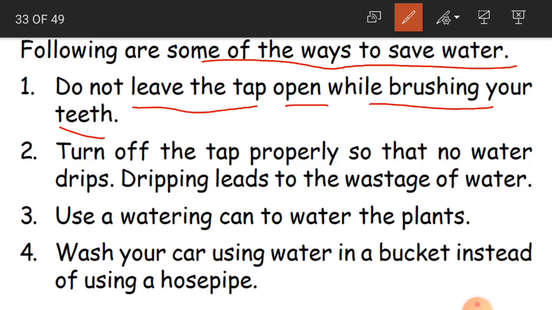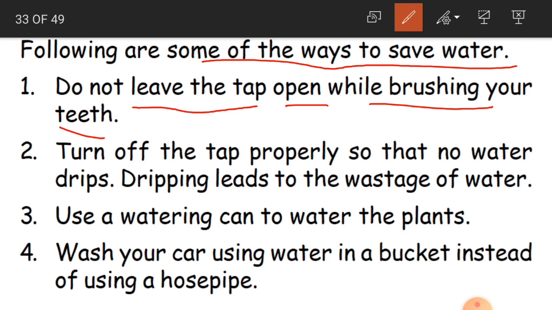Only when we gargle after brushing, then we need the water to clean our teeth and mouth. So please don't leave the tap open for the total time. Just open the tap when you require the water, in the sense, when you clean your teeth and your mouth.